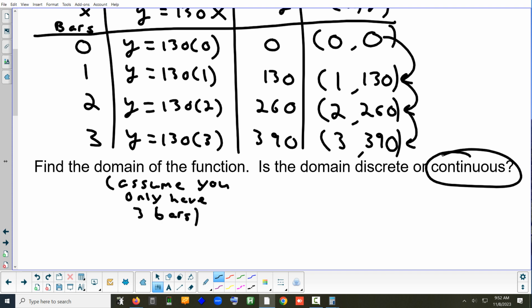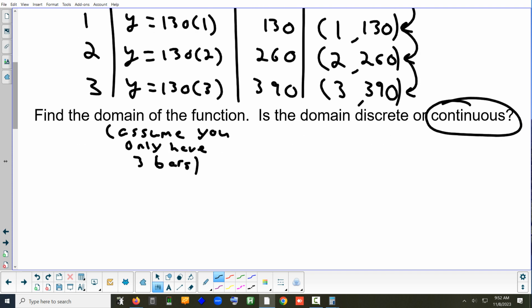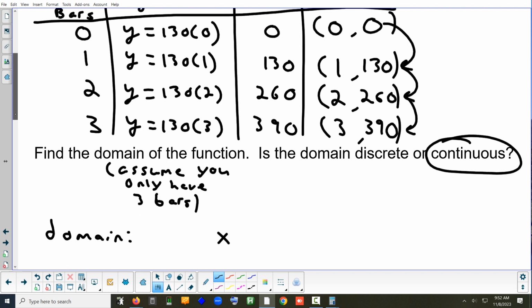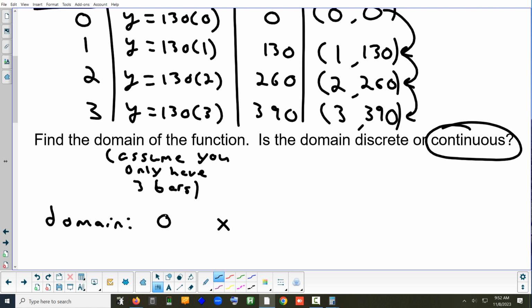Any amount. So now, when we describe the domain, what letter do we always use for domain? Is that the X or is that the Y? X. What's the smallest amount of bars that you could eat? 0. What's the biggest amount of bars you could eat? 3.